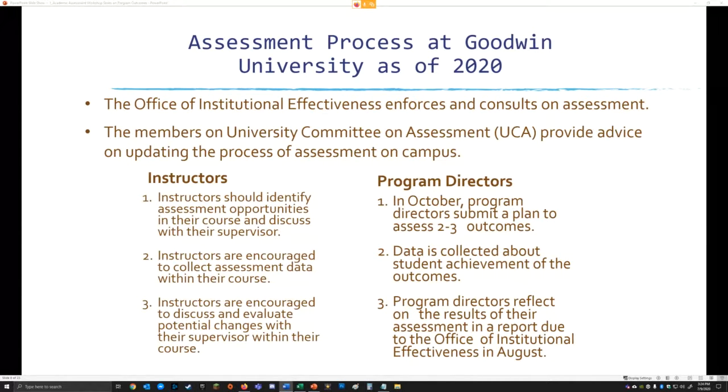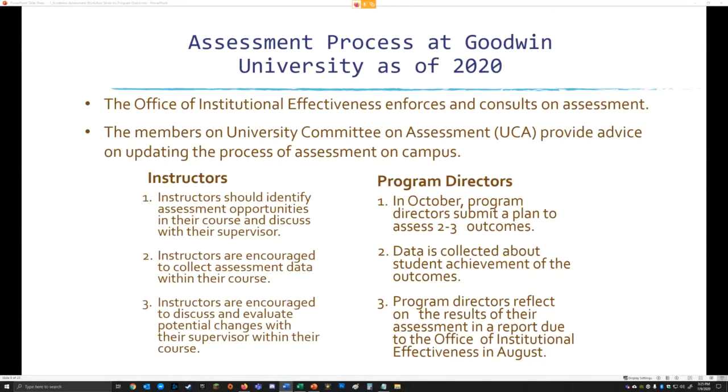So then once you develop your plan, you collect data about student achievement of the outcomes of the program. That's kind of the focus. And then program directors reflect on the results of their assessment. So basically you have your plan, you take action with that plan, collecting the data, and then you reflect on that and say, okay, is there something that we can do to modify what we're doing?